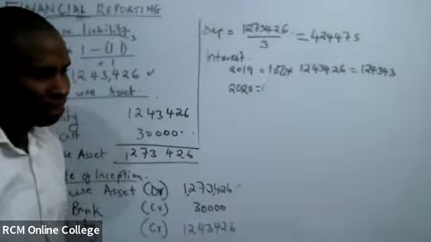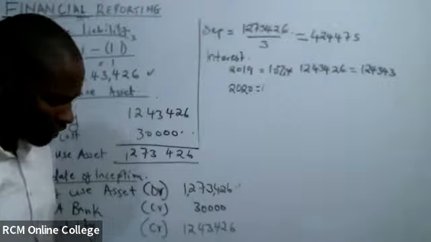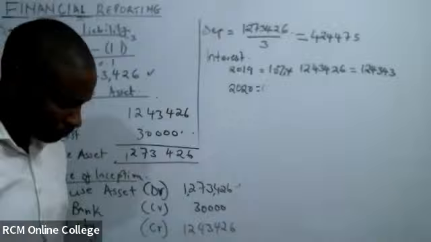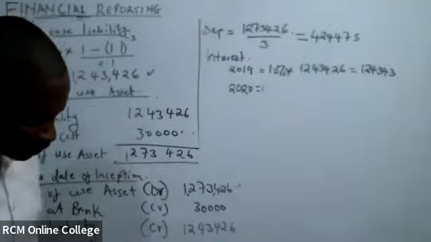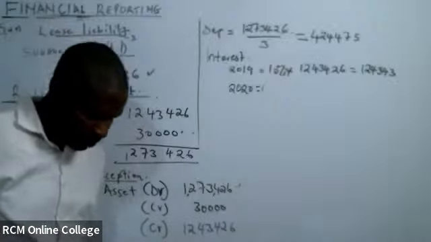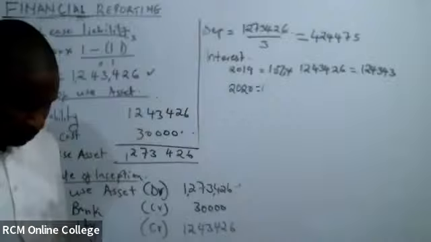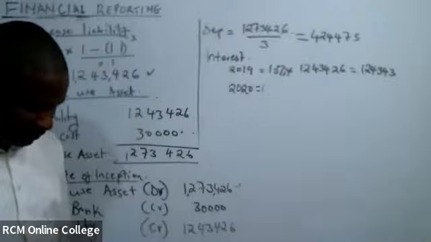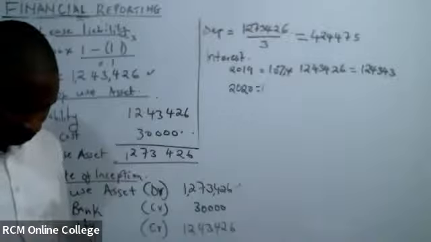How do you think we're going to get the interest, just for 2020, that is, the finance cost for 2020? How do you think you are going to get it? Let's read the question here.